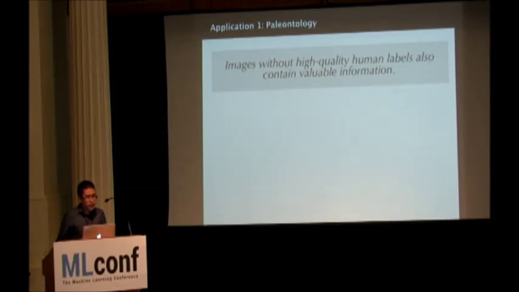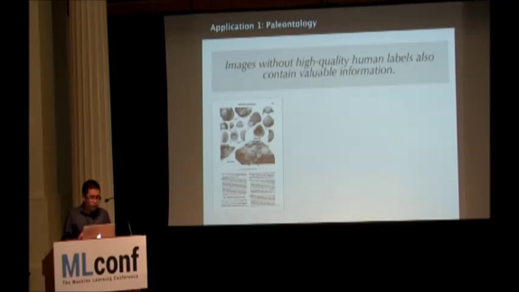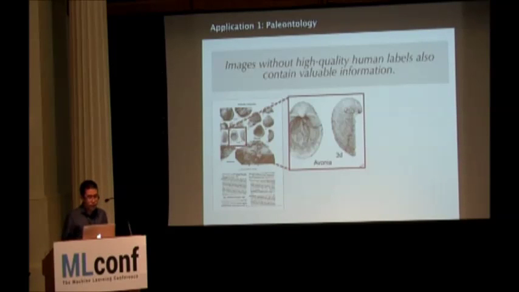One observation is that many state-of-the-art image processing methods often require a corpus with human labels. However, images without a human label can also contain valuable information. Take this page of a paleontology journal article, for example. Although there are no labels for each image, we can see the name of the fossils actually appears in the same document.